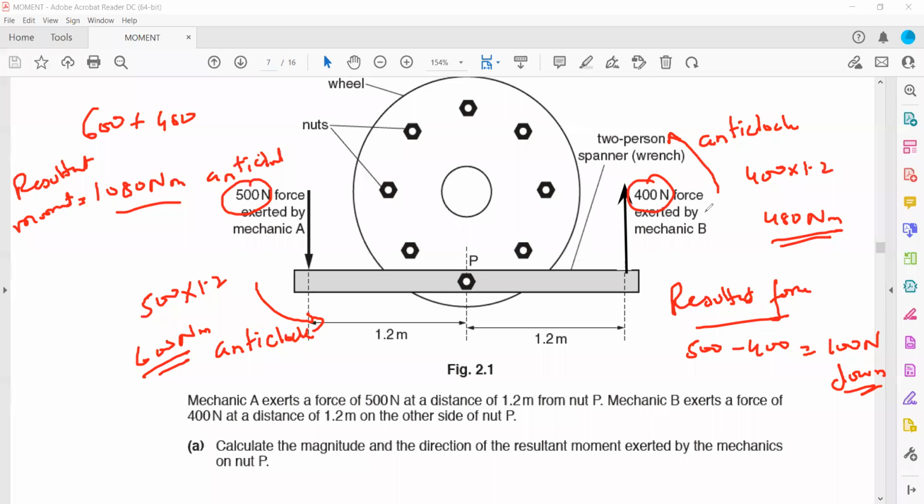So when you are calculating a resultant turning effect, you have to use the force as well as the perpendicular distance from the pivot. But when you are calculating only the resultant force, you just need the direction of the force. If they are in the same direction, you add. If the forces are in opposite directions, you subtract. You don't need a distance to calculate the resultant force.